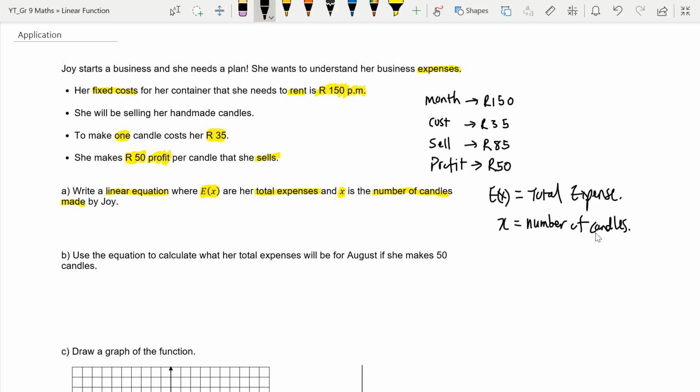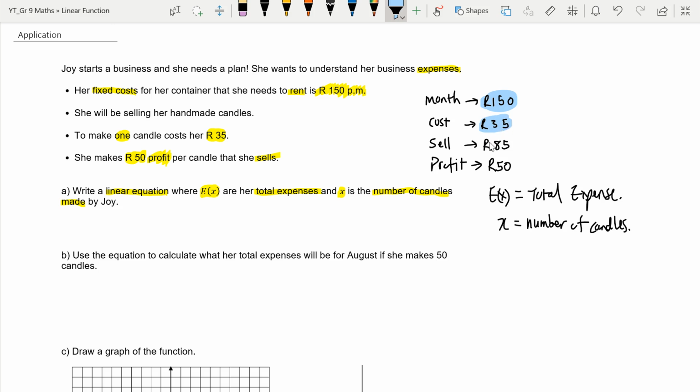They want us to write a linear equation that represents her total expenses. Which things will money be coming out of her pocket? Well, her monthly rent will be coming out of her pocket every single month. And then obviously the cost to make the candle.